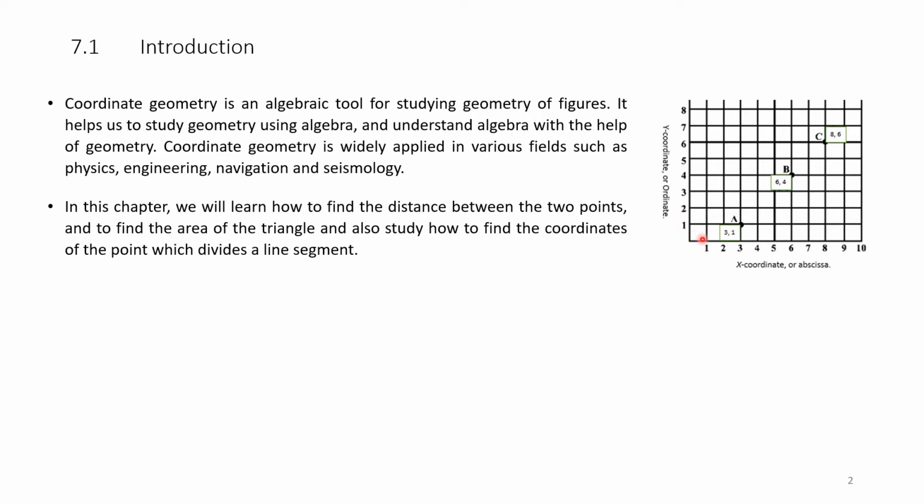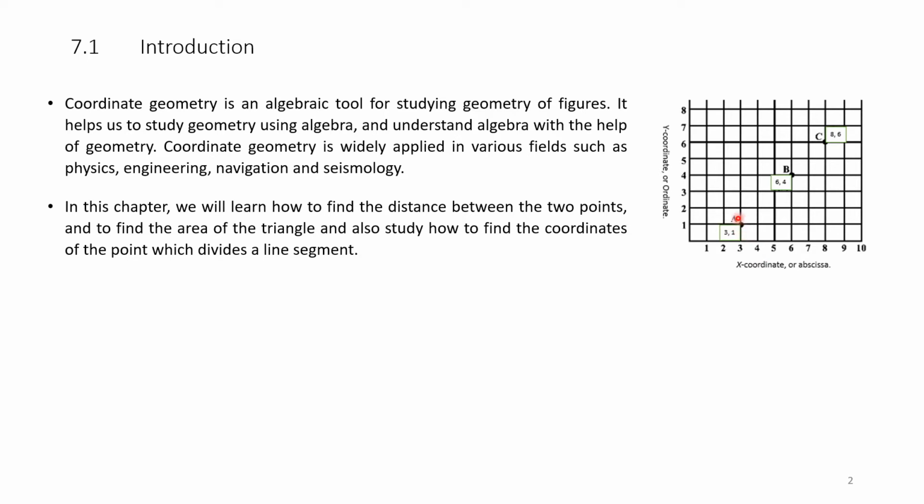And the numbers are starting with 0, it goes on and on. In the figure, it is shown up to 10. That is, x-axis is up to 10 and y-axis is shown up to 8. Any point on the graph can be represented as a coordinate.